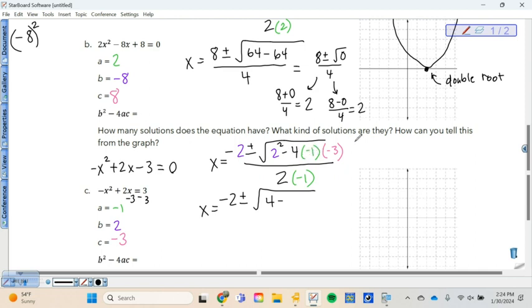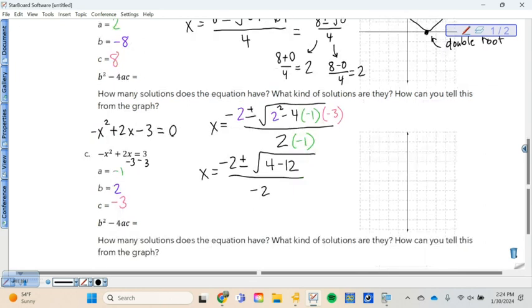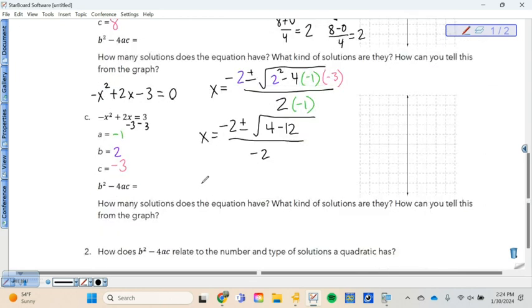And what's negative 4 times negative 3? Positive 12. So I'm taking 4 minus 12 over 2 times negative 1, negative 2. So now I've got x is equal to negative 2 plus or minus square root of 4 minus 12.